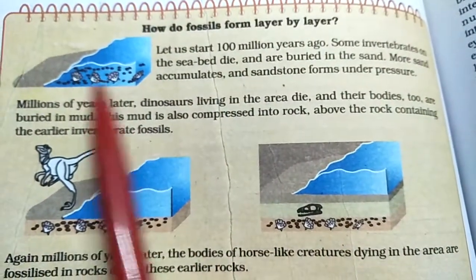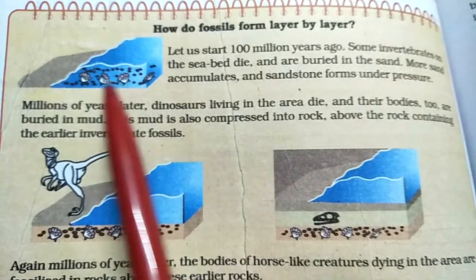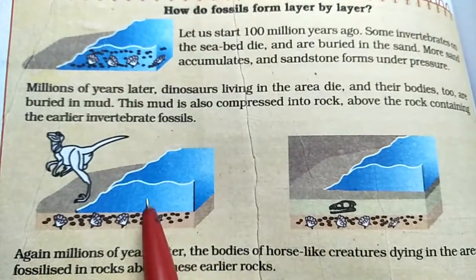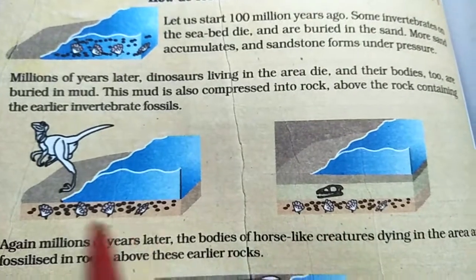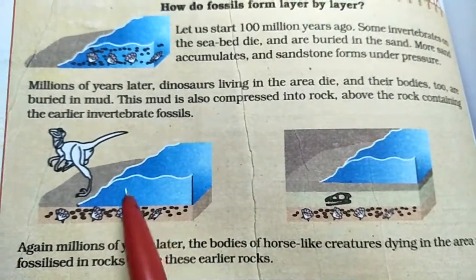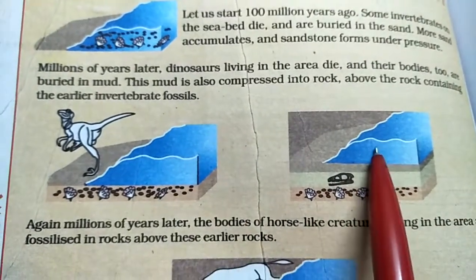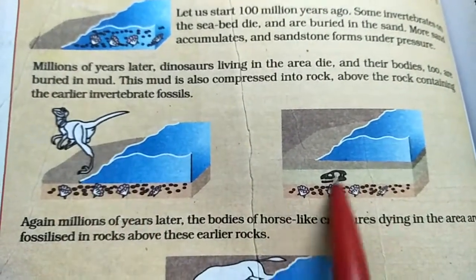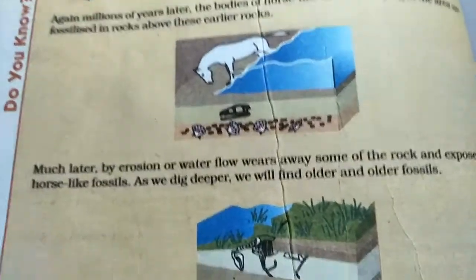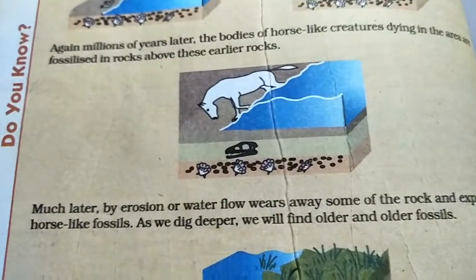Suppose here you have the sea, and when the aquatic animals die, they go to the seabed. Here you can see the seabed. They are fossilized, and then mud comes and the water layer decreases. So certain fossils are accumulated at that particular layer. Just read this, you will have a better idea about fossils. Thank you.